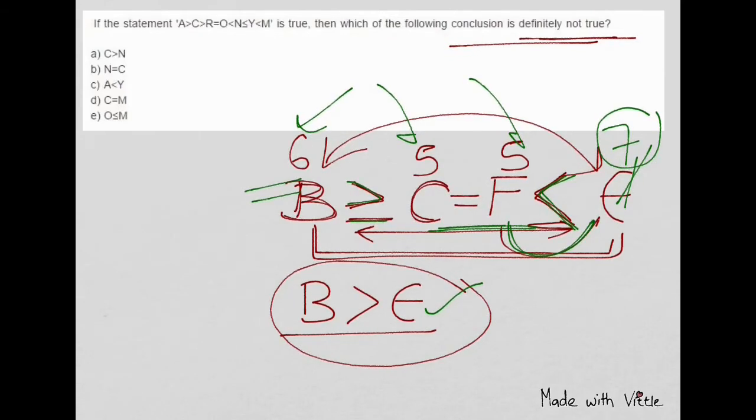To find whether there is no relation, you just see in the order that at one point the relation breaks. Like here it's greater than or equal to C equals F, and then it becomes less than. So there is a change in sign, which definitely means the relationship cannot be established. There can be many possibilities.